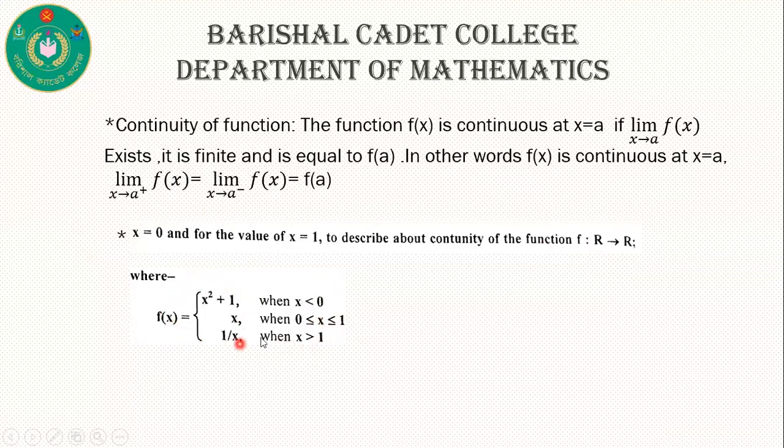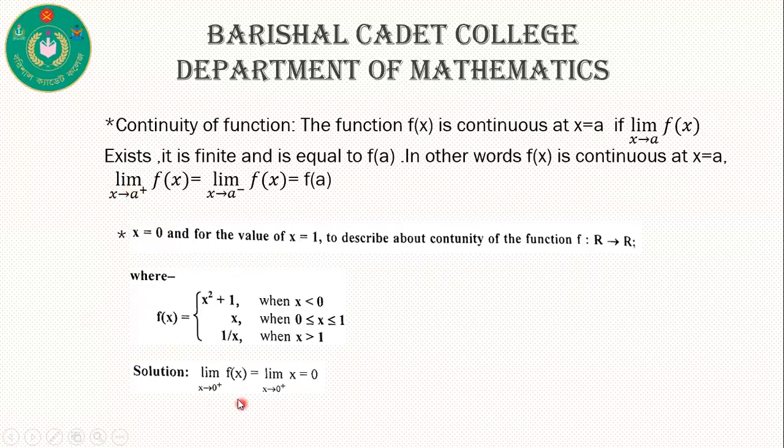The function is defined here. Now let us try to solve whether this function is continuous or discontinuous at x equal to 0 and x equal to 1. Firstly, we consider x equal to 0.